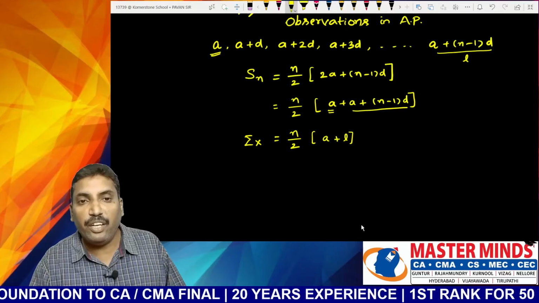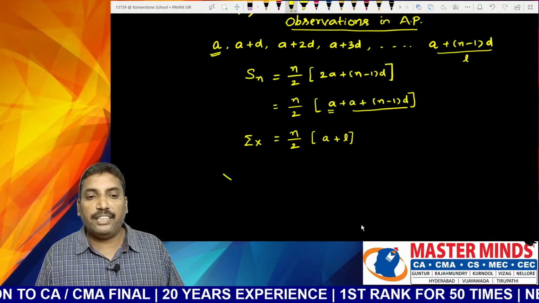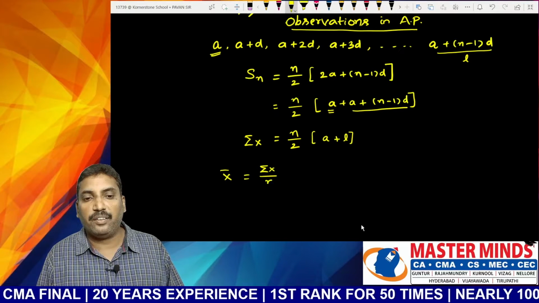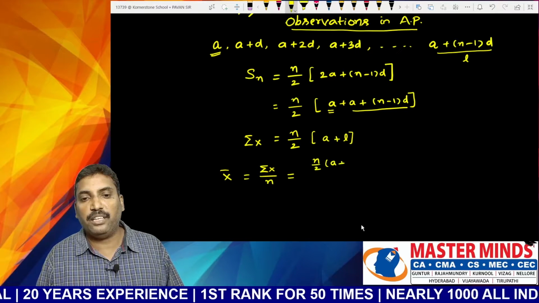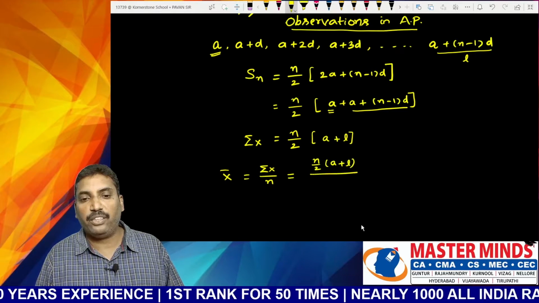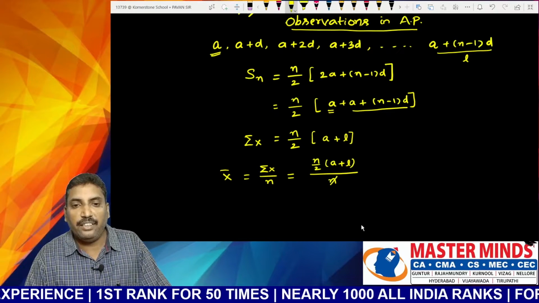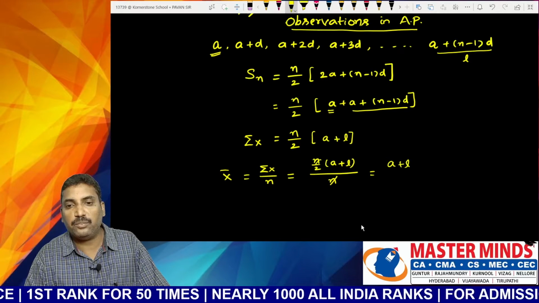So when the given observations are in arithmetic progression, x bar is equal to, we know, summation of x by n. Now the summation of x I got as n by 2 into (a plus L), divided by the number of terms, that is n. Now you can cancel n. So what you are getting is (a plus L) by 2.